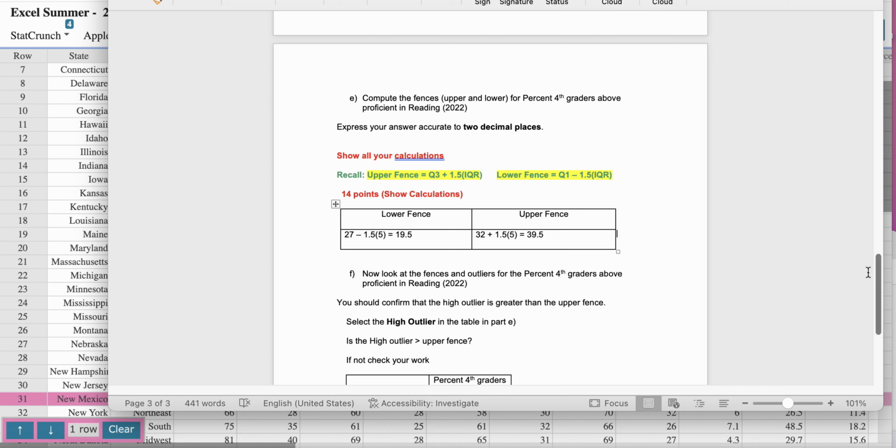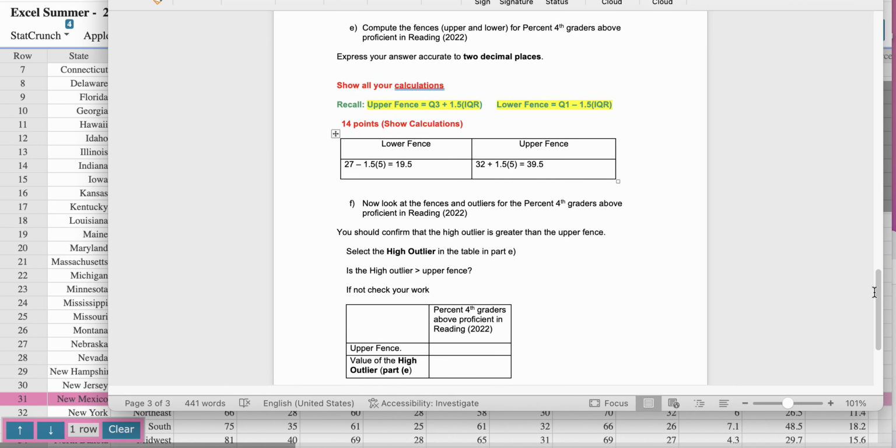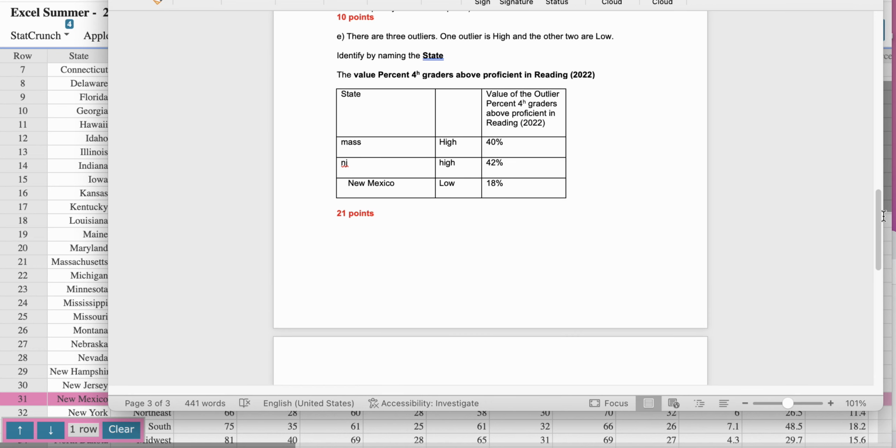Okay, so now I want you to look at the fences and the value of the high outlier. It was only 1 in assignment 1, so we'll pick one of the two. There were 2 high outliers. Let's pick this one; there's only 1 in your assignment.